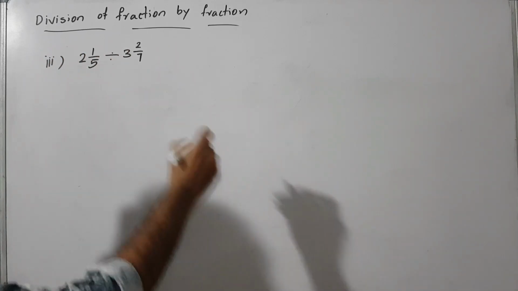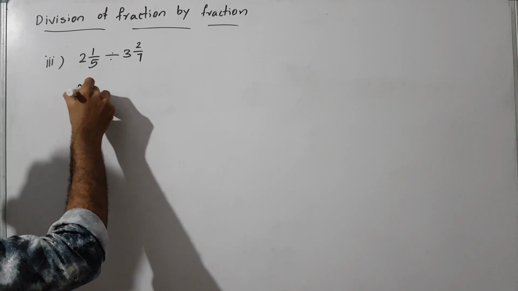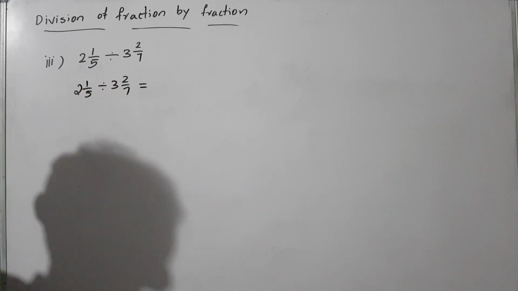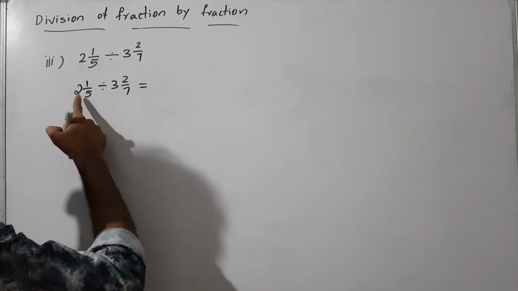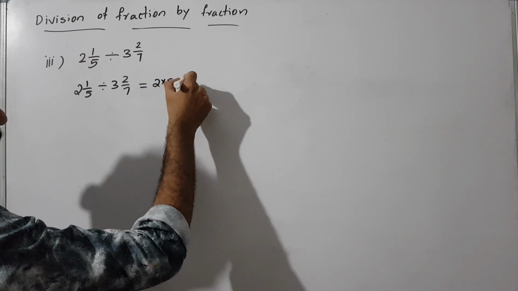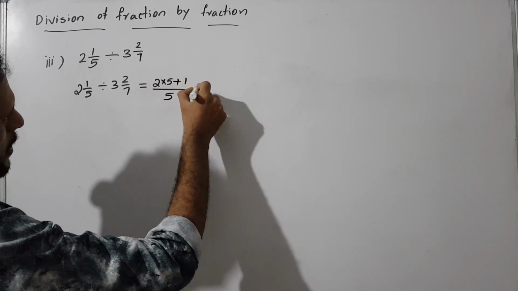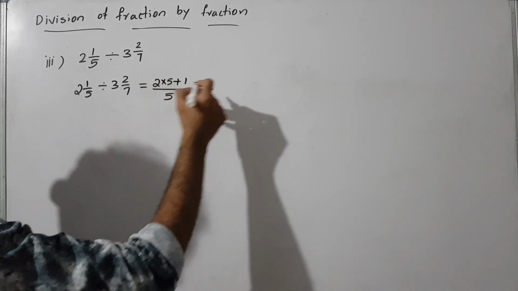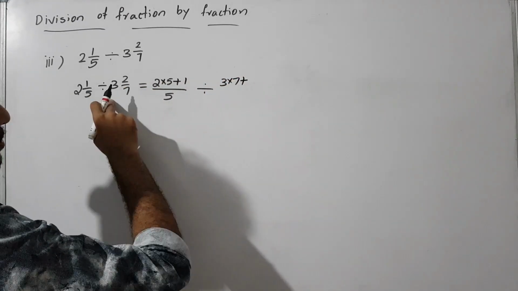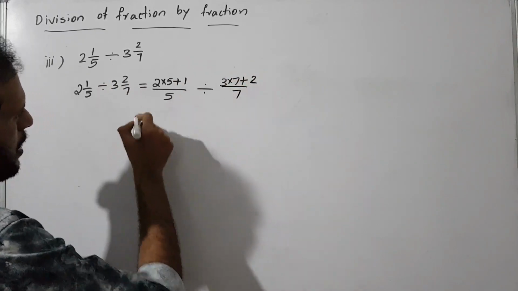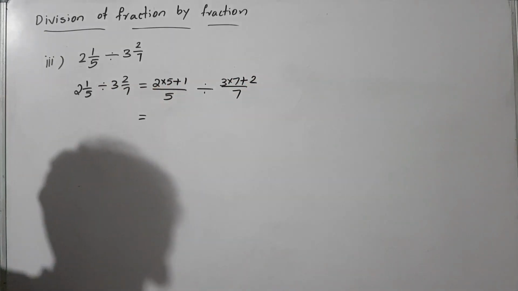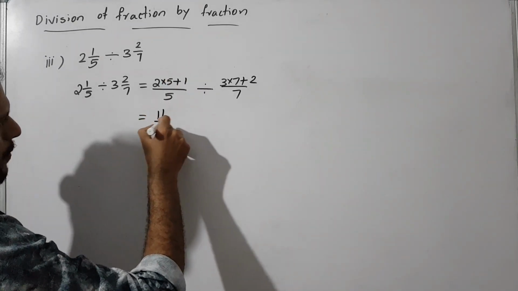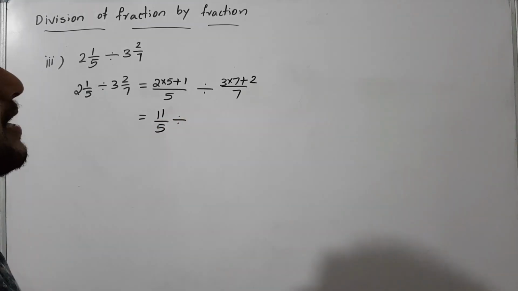So we start like this. 2 1/5 divided by 3 2/7 is equal to, what do we do? We convert. How to convert? 2 into 5 plus 1, over 5, divided by, no change, convert the second: 3 into 7 plus 2, over 7. Then it is equal to 2 into 5, 10, 10 plus 1, 11/5 divided by 3 into 7.